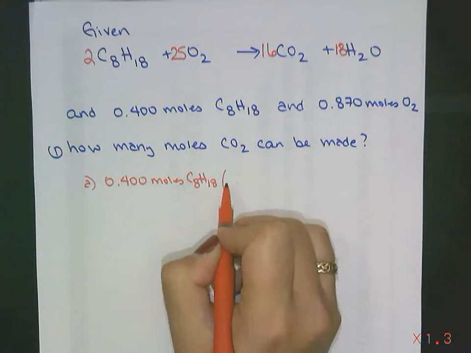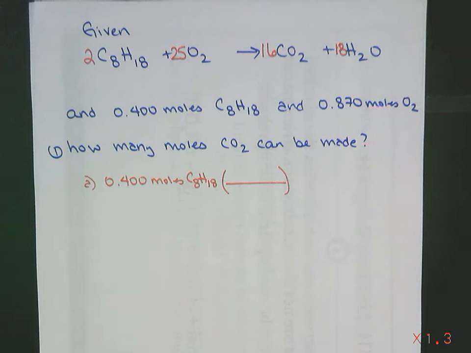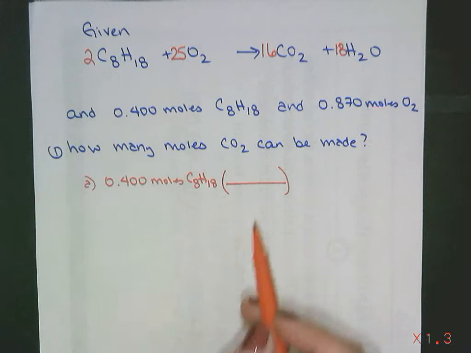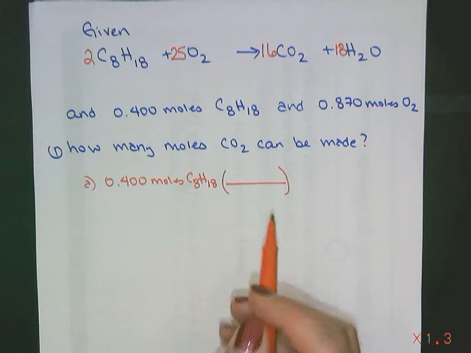Okay, what number then do I put on the top of this, if I'm talking about carbon dioxide? If I start off with moles of this, what do I put on the top of this fraction to find out about carbon dioxide?